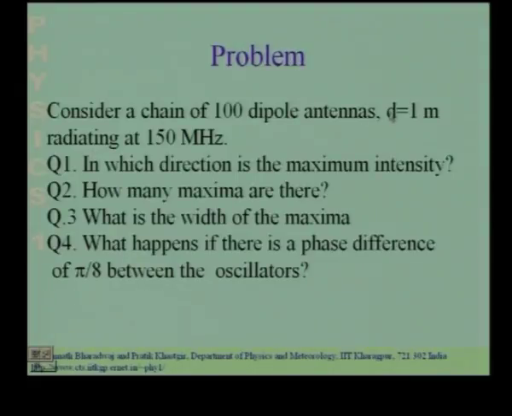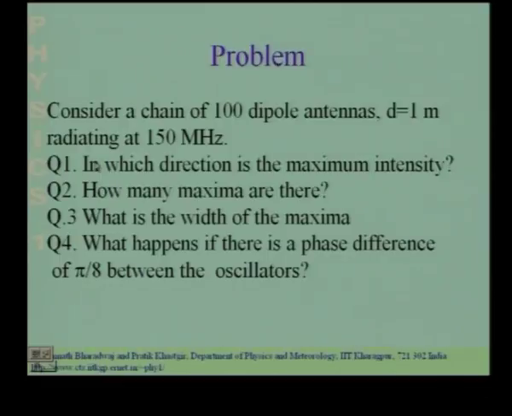The distance d between two successive oscillators is 1 meter and all the oscillators are radiating at a frequency of 150 megahertz. So, all the oscillators are being fed with an oscillating current at 150 megahertz, with the same phase. So, all the dipole antennas are oscillating with the same phase. So, they are all radiating with the same phase.